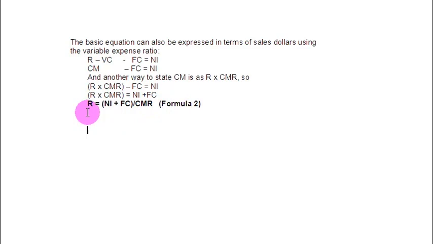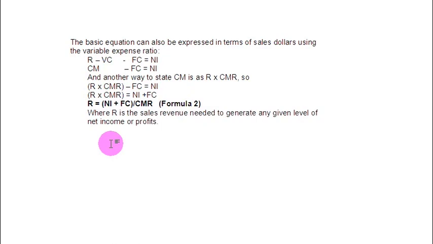And now I have sales revenue all by itself on the left. And this is the formula that you can use instead of the Q formula when what you're looking for is what level of sales revenue is needed to generate any desired profit for a company. Notice we're solving for R and dividing by the contribution margin ratio. In the other formula, we were solving for Q and dividing by the unit contribution margin. We'll demonstrate this one for the banana cream pie example as well.